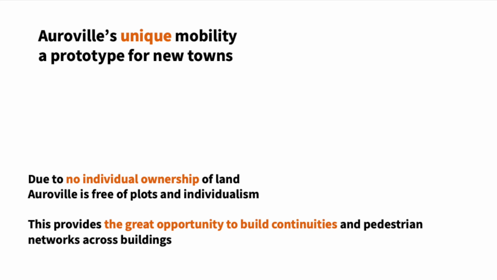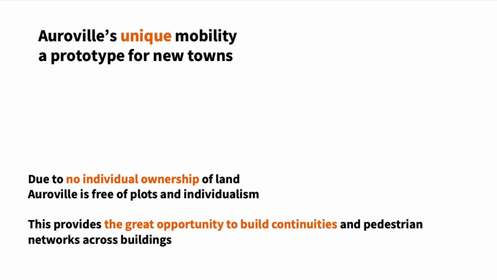So concluding, Auroville's unique mobility, to be a prototype for new towns, we have to exploit the unique features of Auroville, that we have what nobody has. No individual ownership of land. Auroville is free of plots and individualism. So we can have many more bridges and continuities.